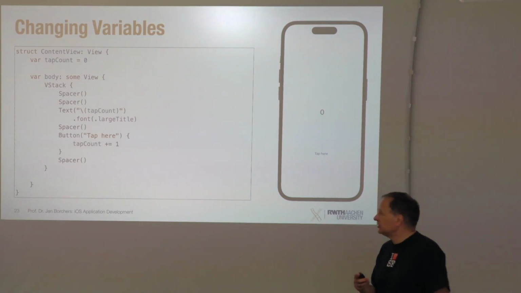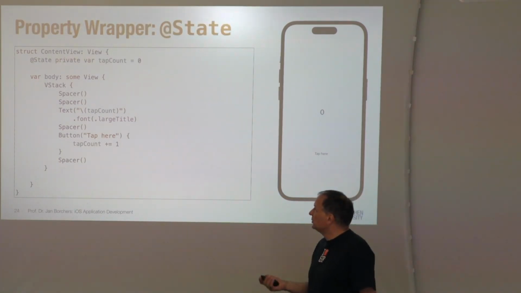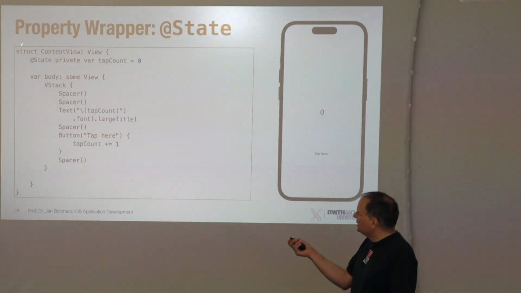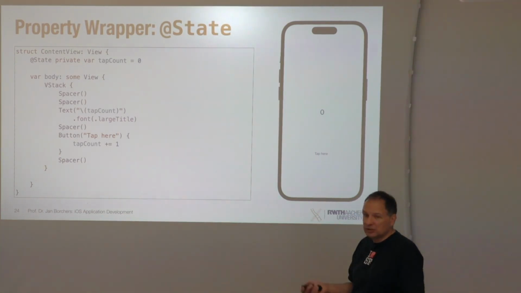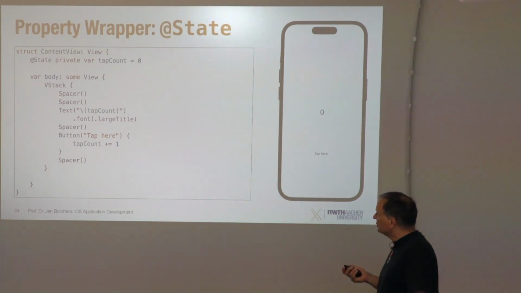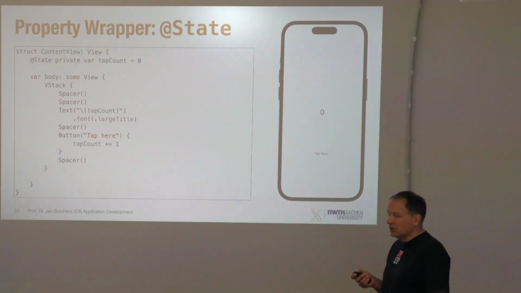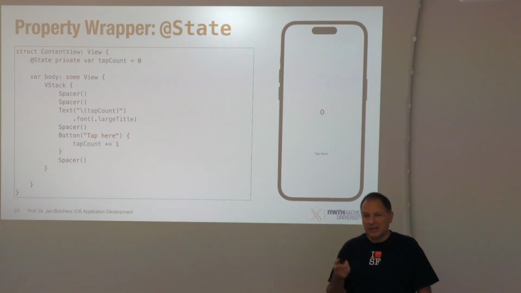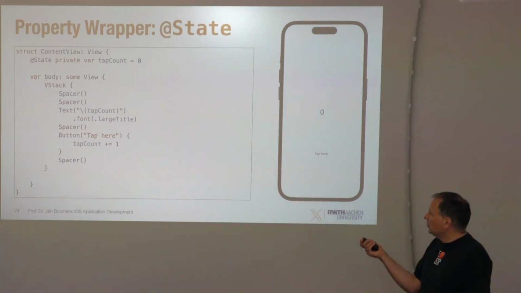So property wrappers are things that look like this. They have an @ sign and then a particular keyword that is unique to Swift and SwiftUI here. So this is the change you need to do. You need to add @State to this definition of the variable. What does that do?